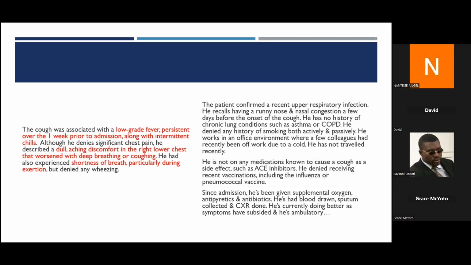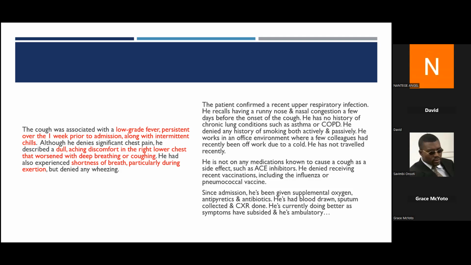And then moving on, the patient confirmed not being on any medication known to cause a cough as a side effect, like ACE inhibitors, as David mentioned. He also did not receive any vaccinations, like influenza or pneumococcal. So you can see this patient is predisposed to influenza.